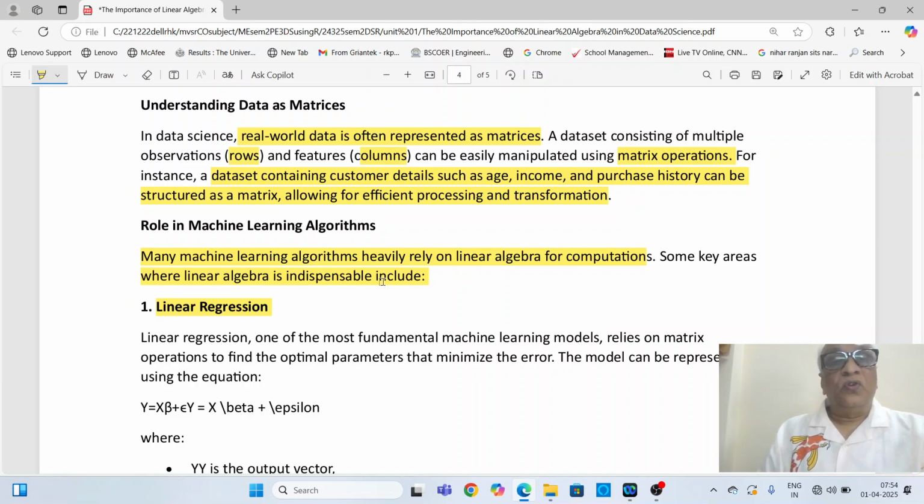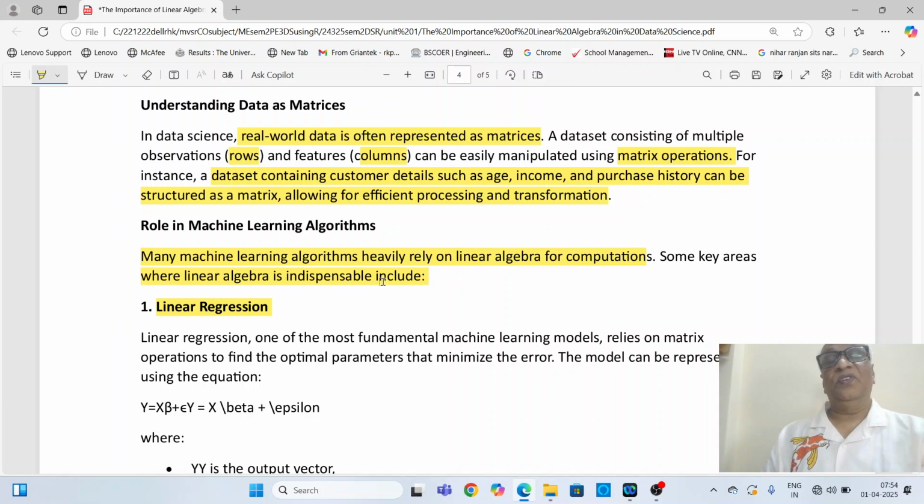Now, for any machine learning model, especially the deep neural networks and related evolved models, direct textual data representation is not possible. So it has to be converted into numbers, and once it has to be converted into numbers, it has to be represented in the form of a matrix.